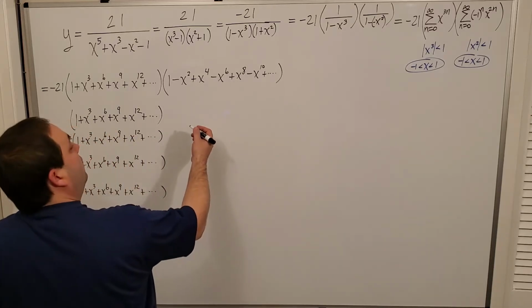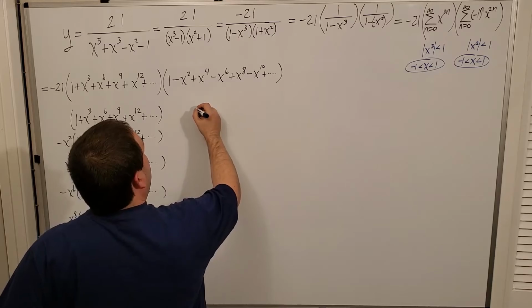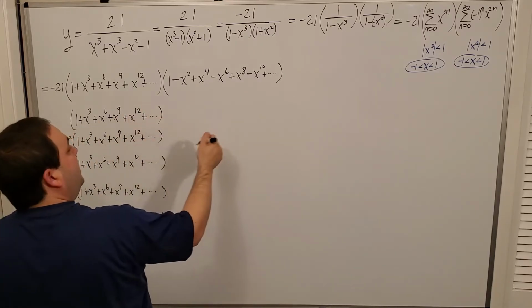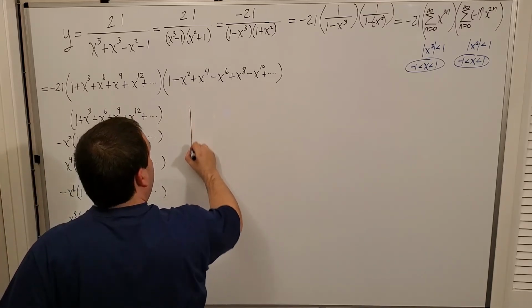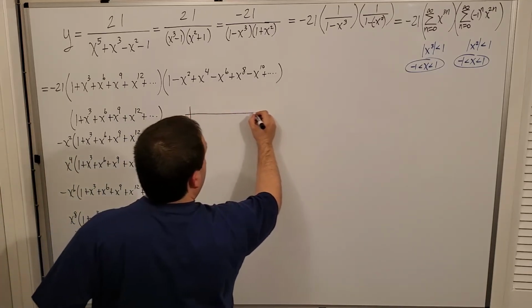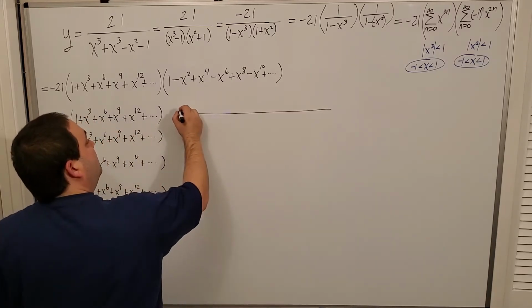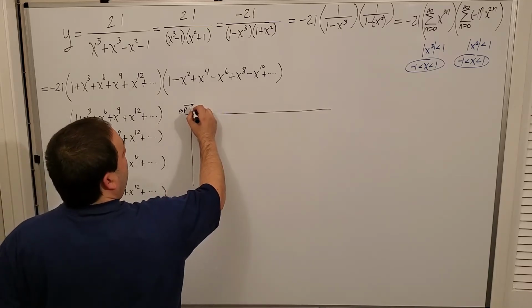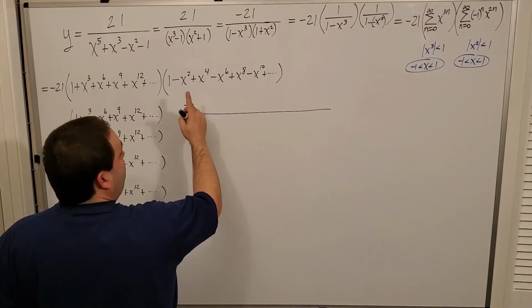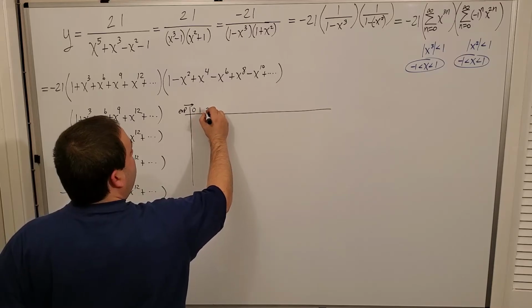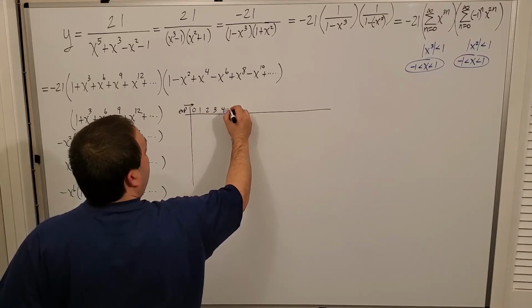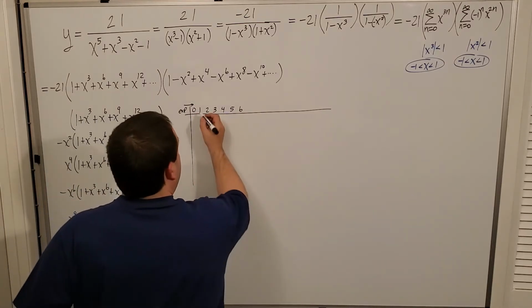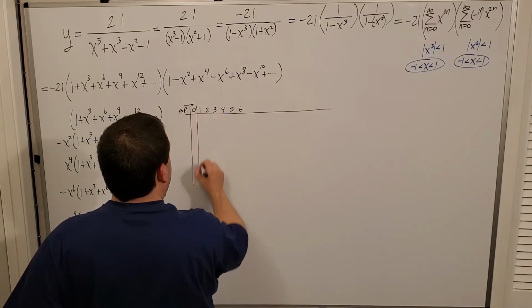Okay, so here's what I wanted to show you by making a chart out of this. I'm going to consolidate all of this information into a chart here. The exponents will go in this direction, so it'll be x to the 0, which is 1, x to the 1, 2, 3, 4, 5, 6. These are all the exponents of x.